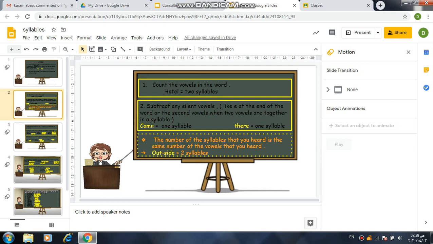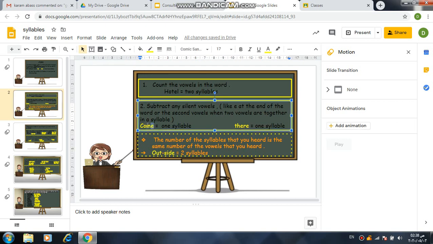So we subtract the E vowel. So come consists of 1 vowel, O, so it consists of 1 syllable. As we said, we subtract the E vowel, which is E at the end of the word, so it consists of 1 syllable.